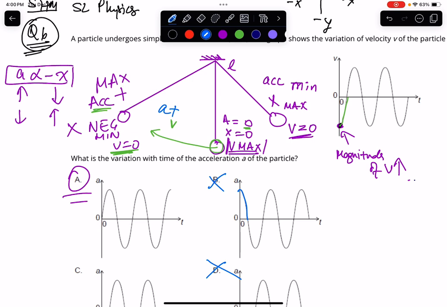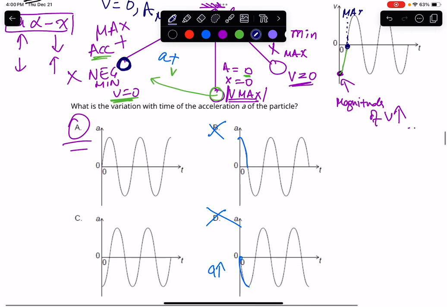Okay? And then after that, what happens is that when the velocity reaches 0, so we know that at this maximum amplitude, the velocity becomes 0 and the acceleration becomes maximum. Okay? So when the velocity reaches 0 at this point, the acceleration should actually be at its maximum position. Okay?